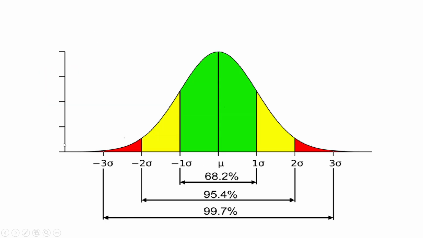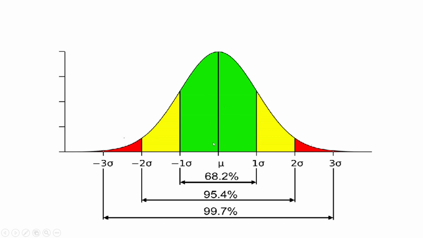So on a graph, here's the normal distribution graph, this green area represents one standard deviation. So between the mean and one standard deviation, we'll have 68% of patients. So this green area is 68% of patients.